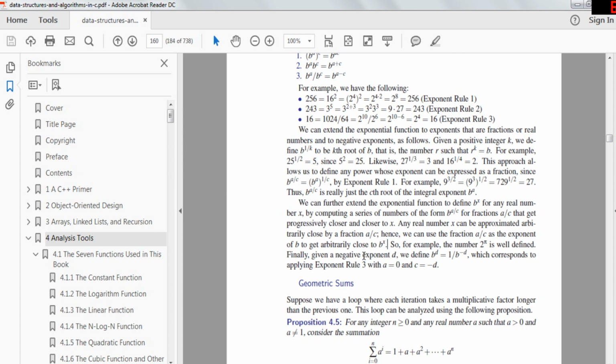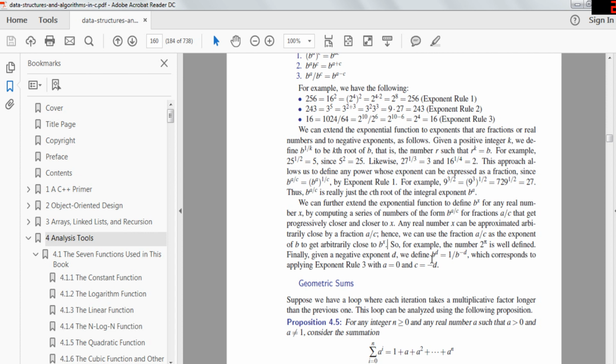Finally, you could also have a negative exponent d, such that you define b to the negative d as 1 over b to the d. This is just saying the power of the exponent. So if you do 2 to the negative 2 power, that's actually 1 over 2 to the 2 power, if you guys remember.